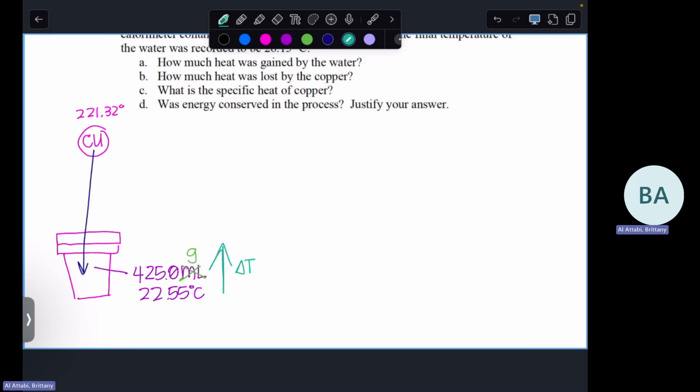What's going to happen to the copper? It's going to cool down. To what temperature? Don't read the word problem. I'm talking conceptually right now. How do we know when it stops?